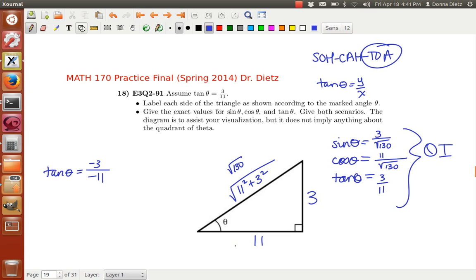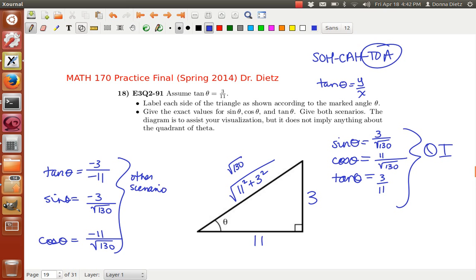Okay, then the numbers are going to look all the same, except sine is now y over r. R can't be negative. And cosine of theta is x over r. So these are the other scenario. Okay, and that will be full credit.